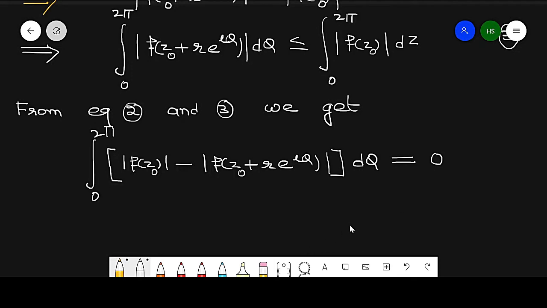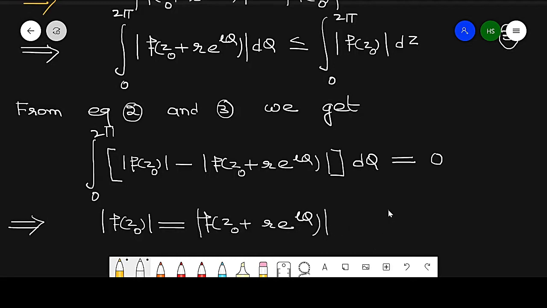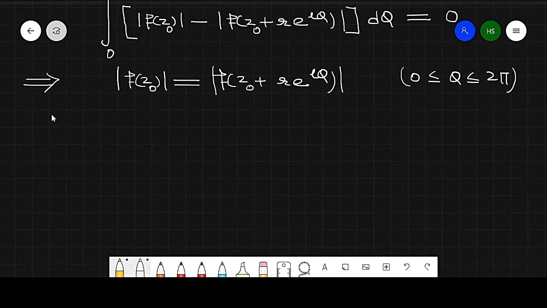Since this integral is 0 and the function is continuous and non-negative, it implies modulus of f(z naught) is equal to modulus of f(z naught plus r e raised to power i theta), for 0 less than or equal to theta less than or equal to 2 pi. So what is this?